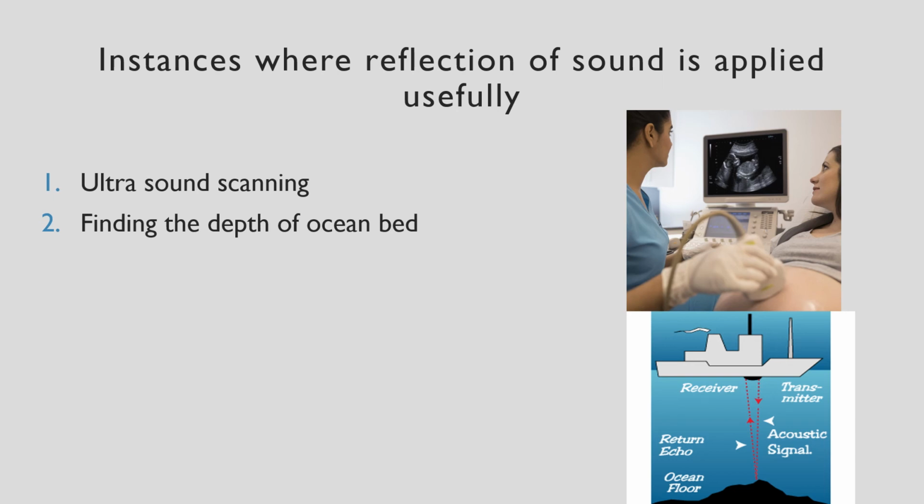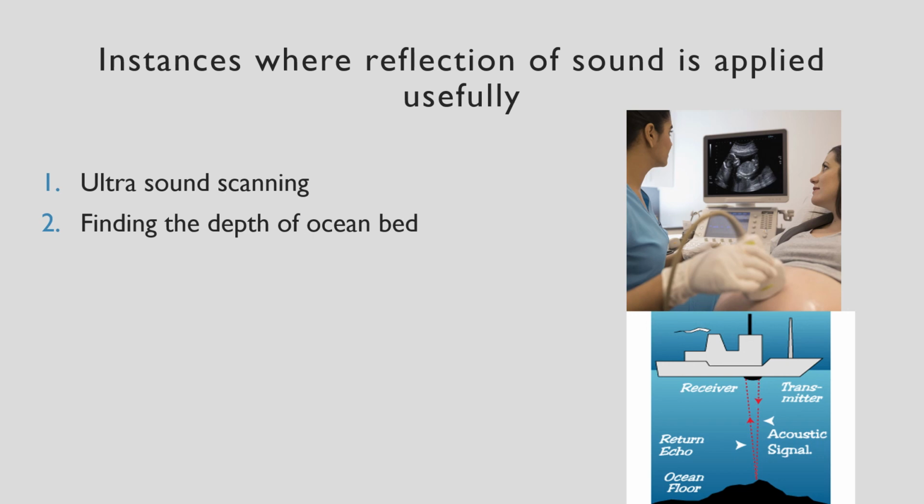After hitting, the sound waves get reflected, and the reflected sound waves are also detected by this equipment. By measuring the time taken to receive this reflected sound wave and the speed of sound waves through water, it calculates the depth of the sea.